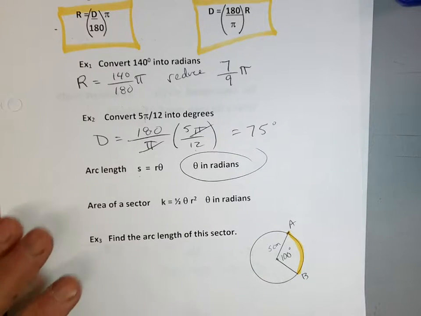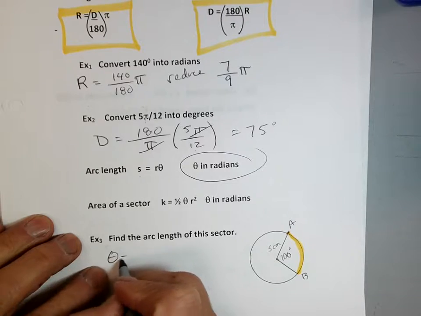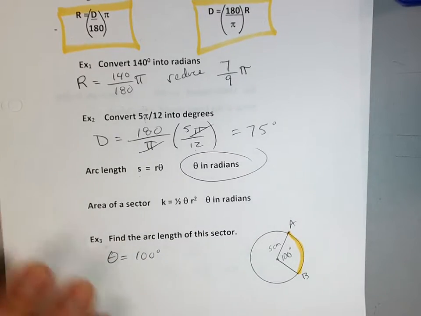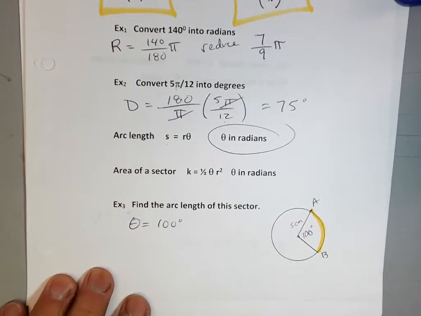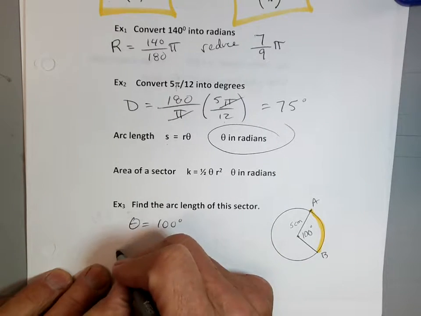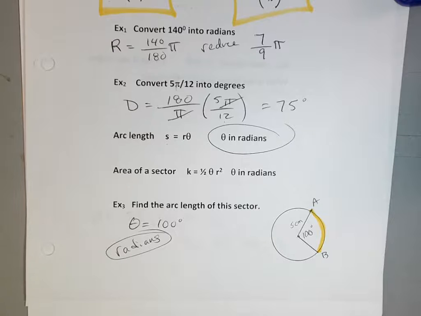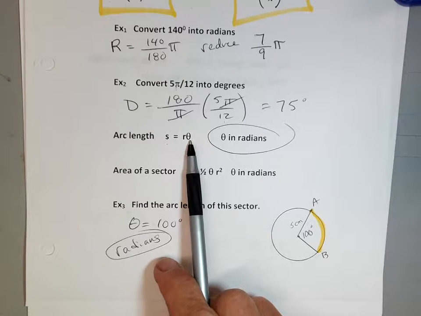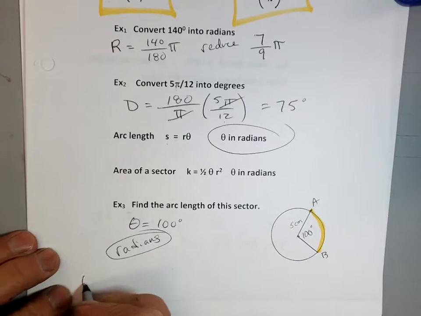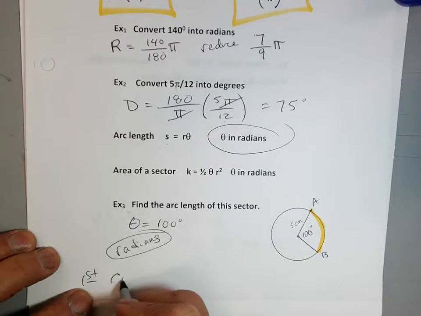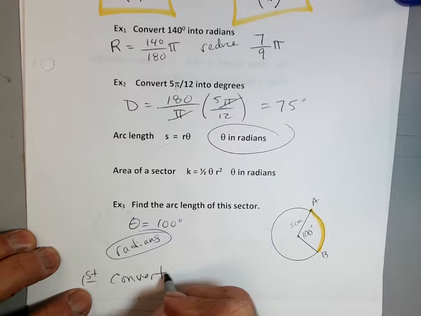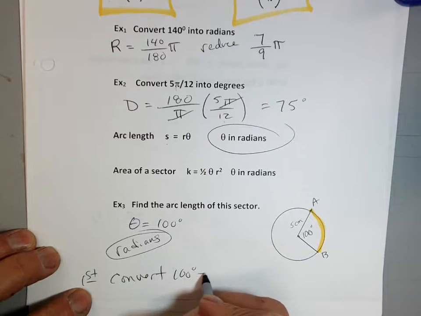Before we use this formula, theta is 100 degrees, right? But what we need is this in terms of radians. So the first thing, in order to use this formula, is to convert my theta into radians. So first, let's convert 100 degrees to radians.